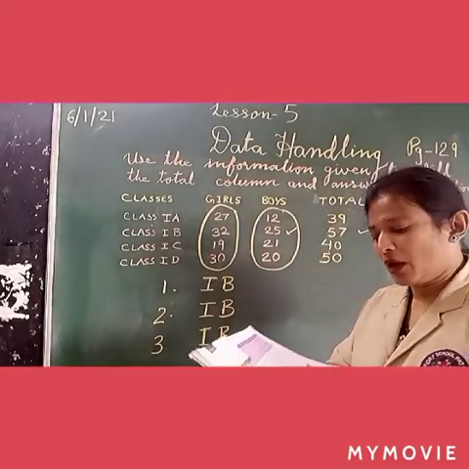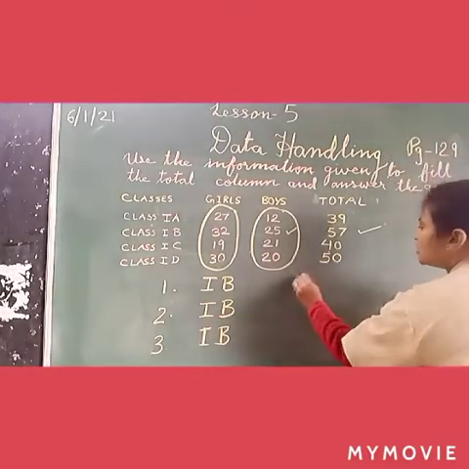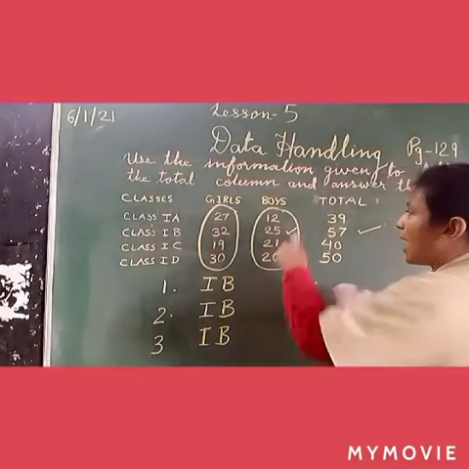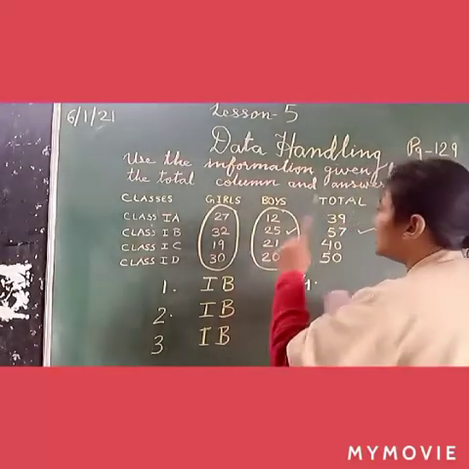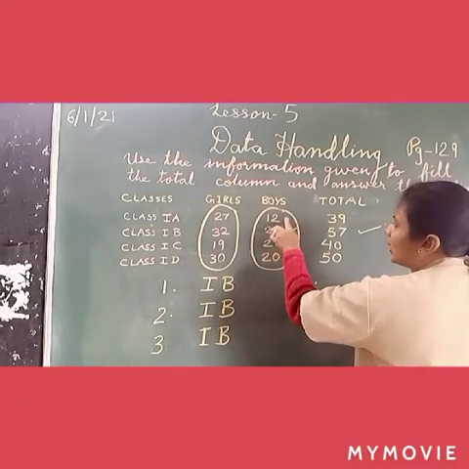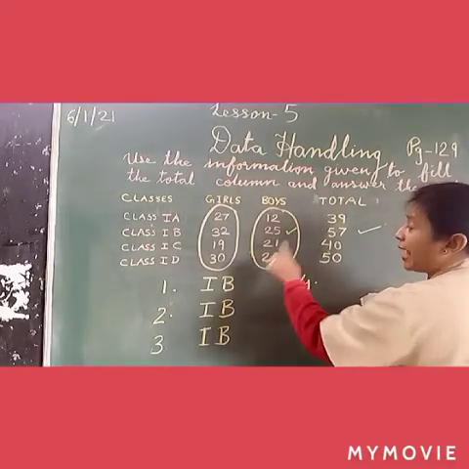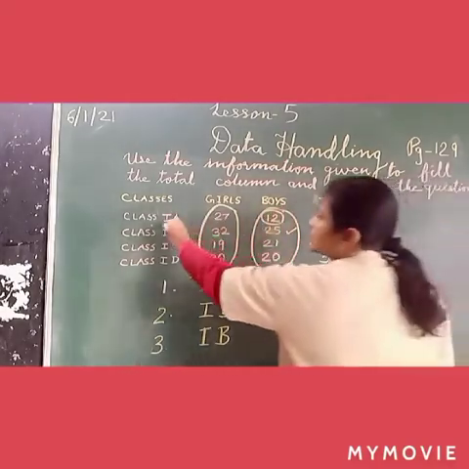Let's see the fourth question. Which class has least number of boys? Least means minimum. Here we have to see the column of boys and we have to find the least number among 12, 25, 21 and 20. We will get 12.